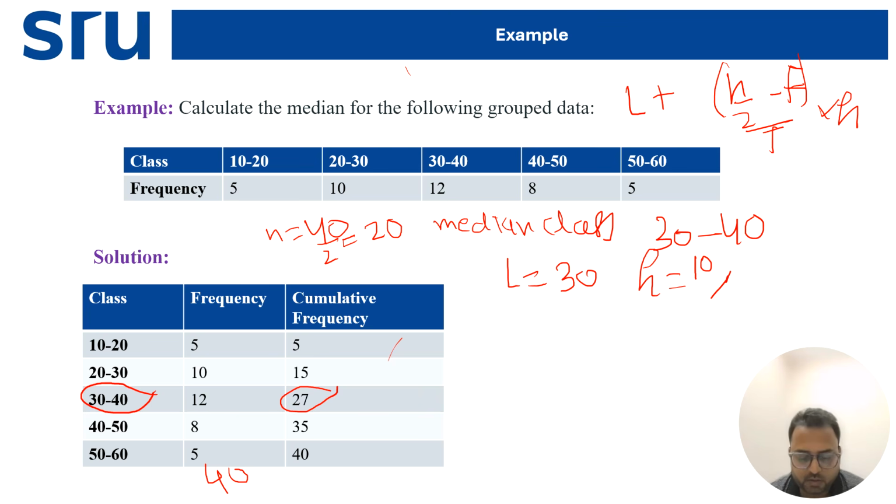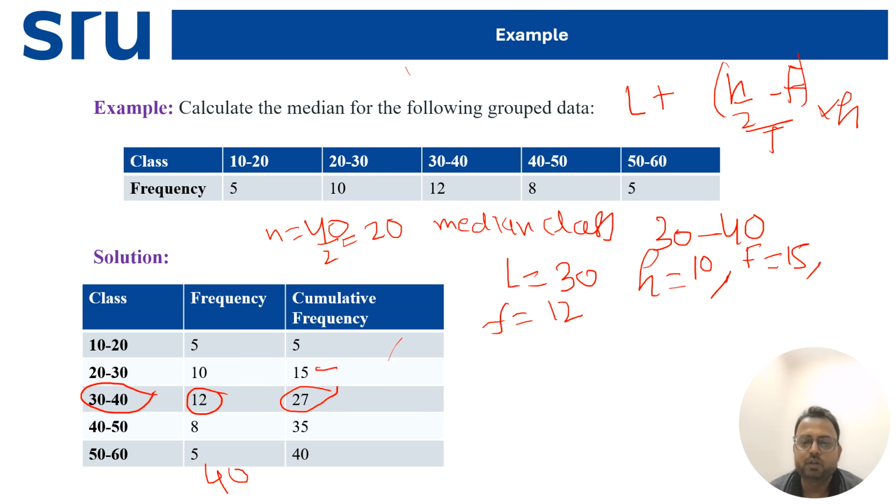Capital F is the cumulative frequency before the median class, which is 15. And small f is the frequency of the median class, which is 12.